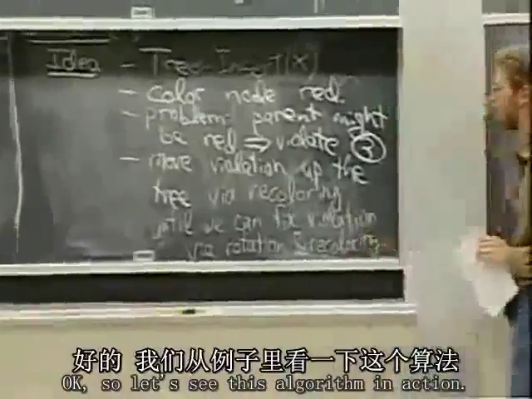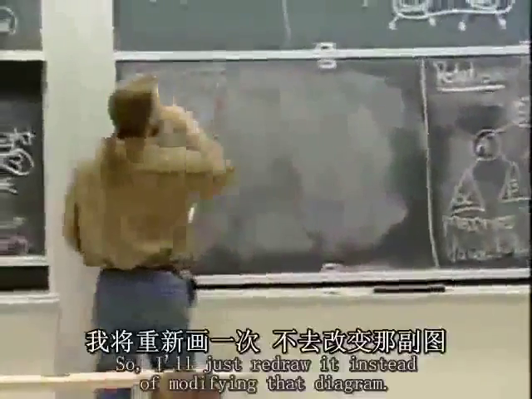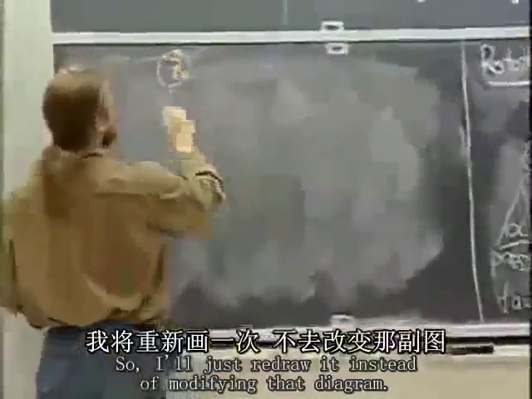Okay, so let's see this algorithm in action. I want to copy this tree, and you're going to have to copy it too, so I'll just redraw it instead of modifying that diagram.